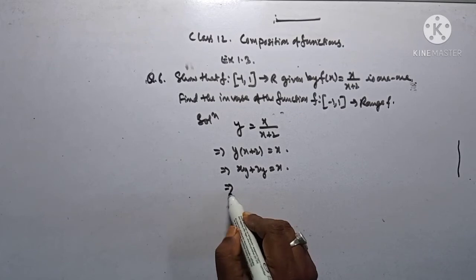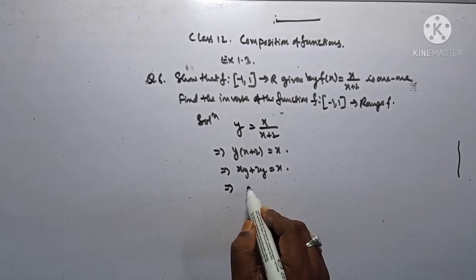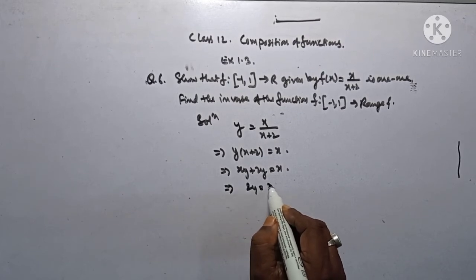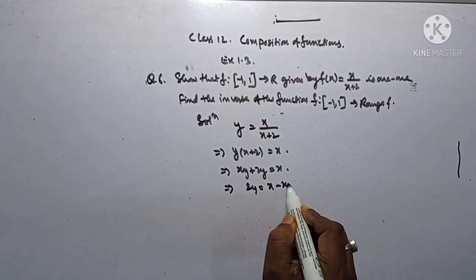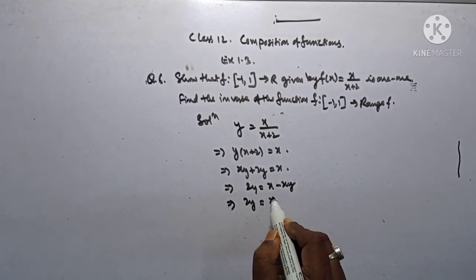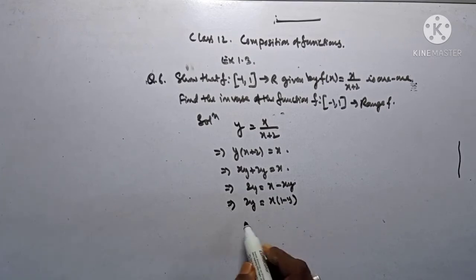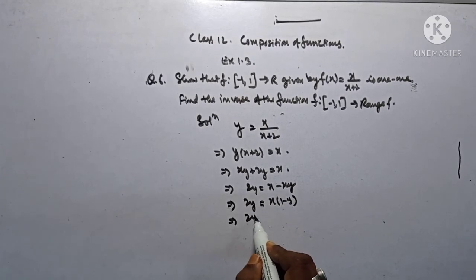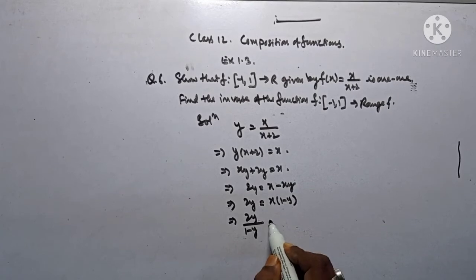So 2y is equal to x minus xy. So 2y is equal to x common, 1 minus y. So 2y by 1 minus y is equal to x.